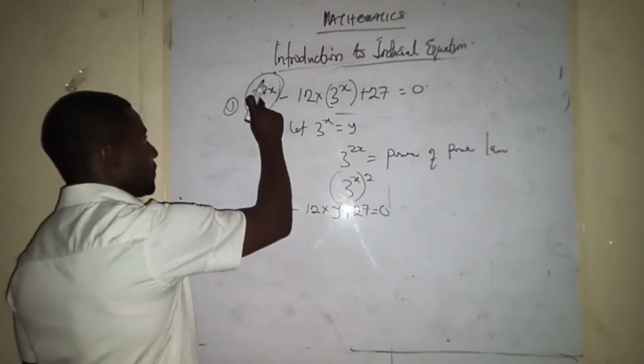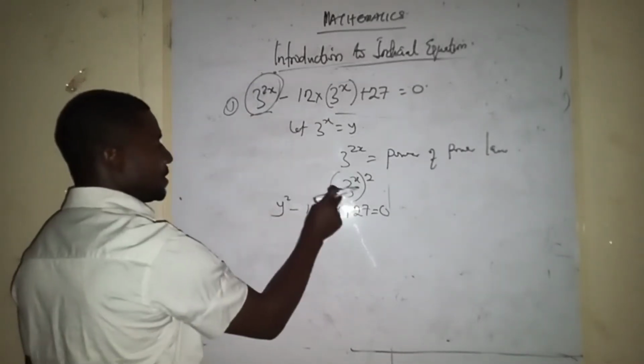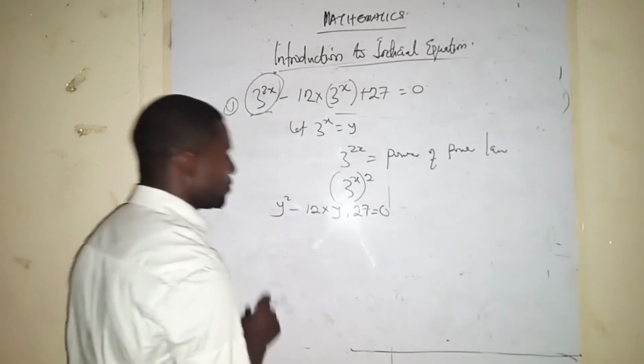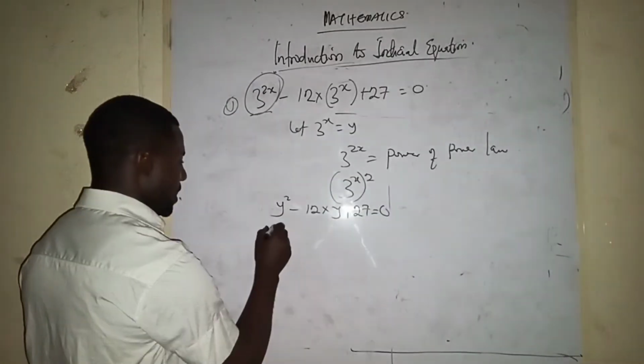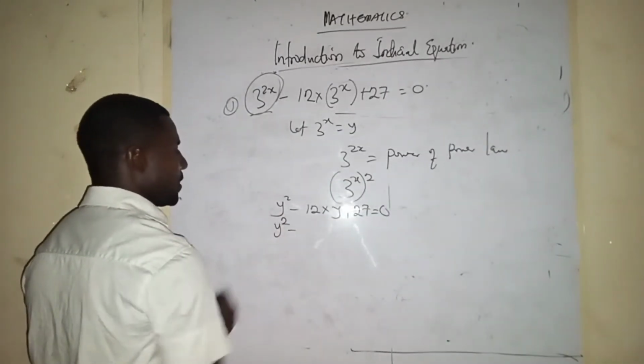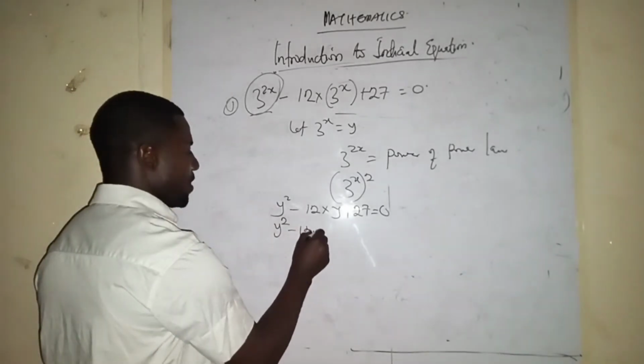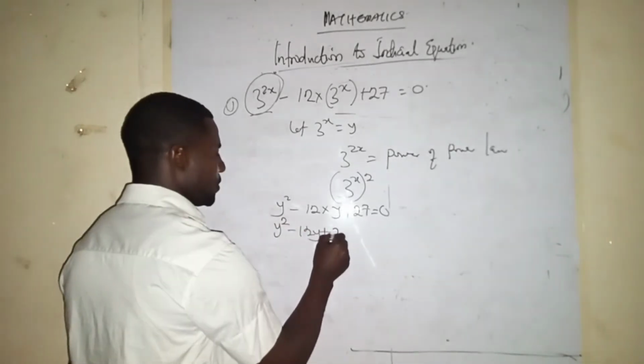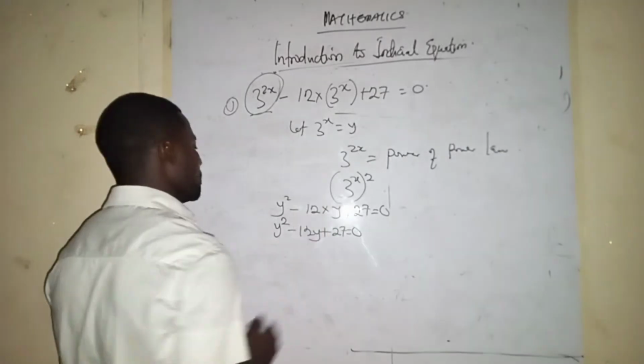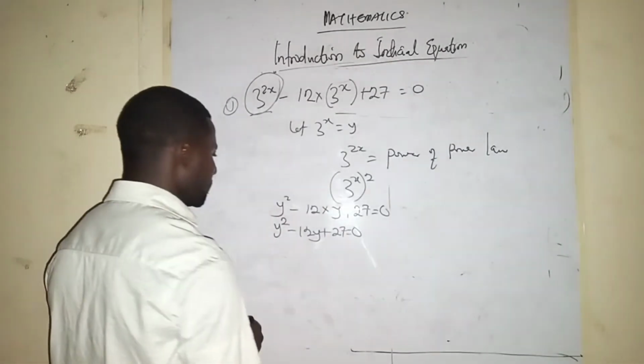Because this 2x has been replaced by 3^x raised to power 2 outside. So now we have y squared minus 12y plus 27 is equal to 0.